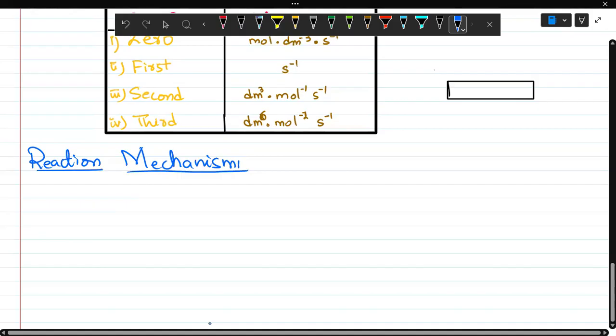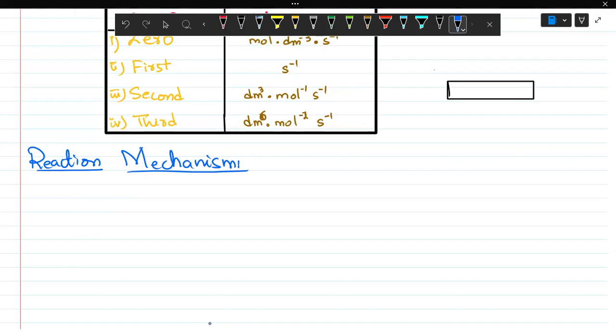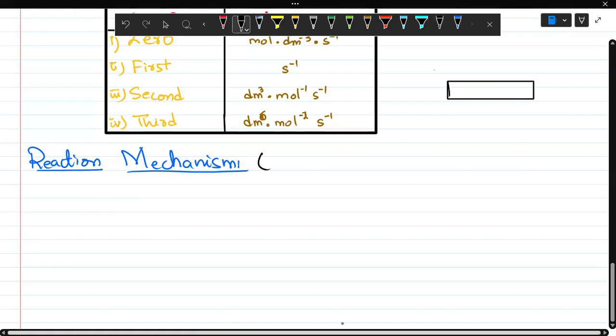What do you understand by the word mechanism here? Reaction step or reaction process? Exactly. Mechanism is basically considered as the steps. Let me give you an example.